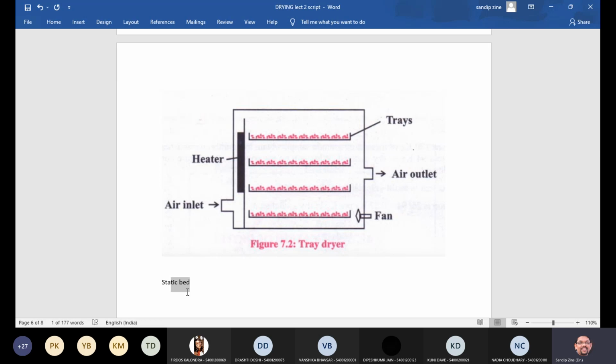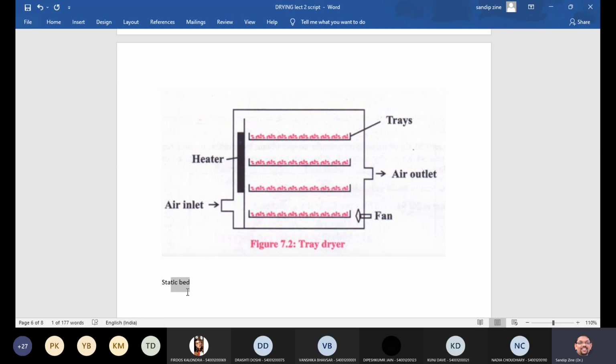Now, what is the meaning of batch process? There are two types: batch and continuous. So what is a batch process? For example, you are loading the material, or you are keeping the material, in these trays at, for example, now it's 10:15. Then you will set the program for 2 hours, and after 2 hours you will remove all these materials for further evaluation.